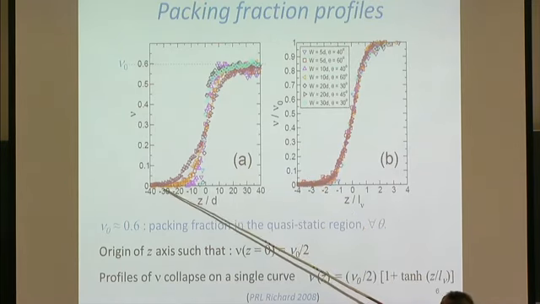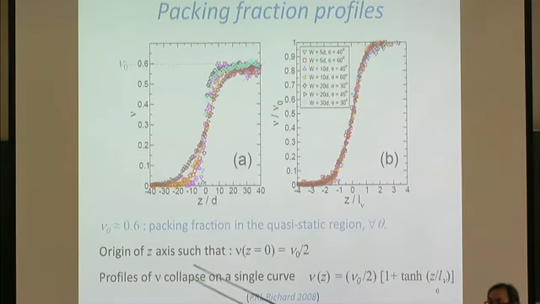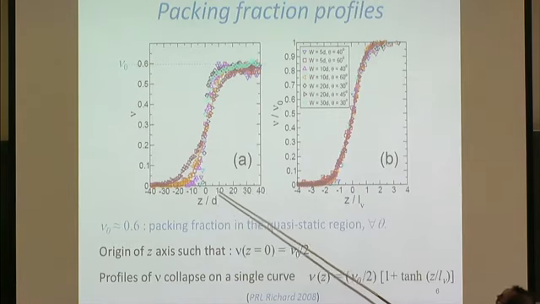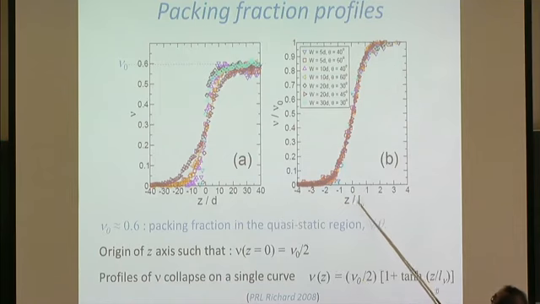You have a large variation of the packing fraction in the part which is flowing, so it's very different from what you get with a hard base. The second point is that it is possible to rescale all these curves by using only one characteristic length.